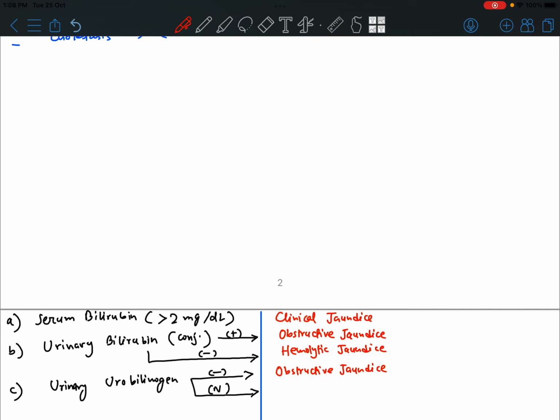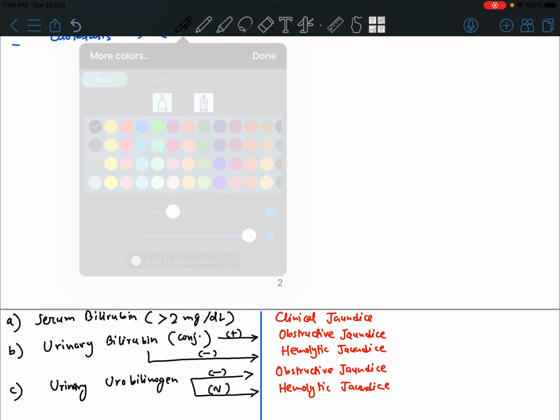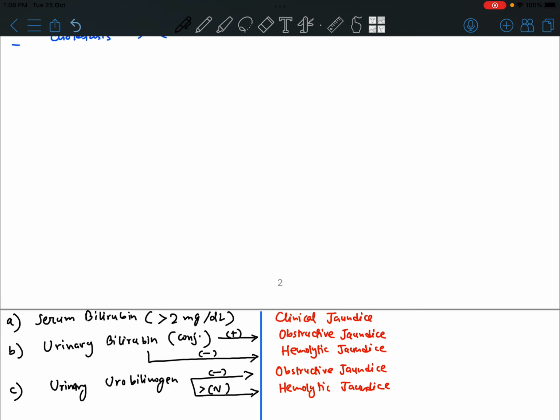Okay. Hemolytic jaundice, urinary urobilinogen will be above normal. Oh sorry, above normal, I wrote normal, above normal.